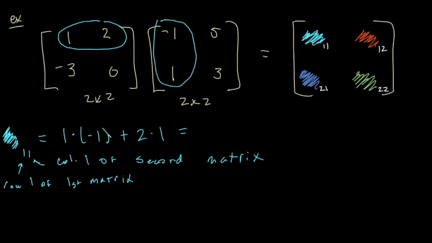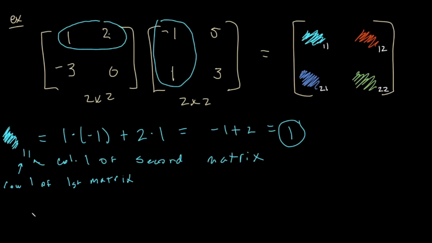And so that's 1 times -1, that's -1, plus 2 equals 1. So this is 1. You're going to start at the beginning of the row and the beginning of the column. You're going to multiply those, and then you're going to go down 1 in the row and down 1 in the column, and multiply those. And you're going to keep going until you've exhausted the row and the column.